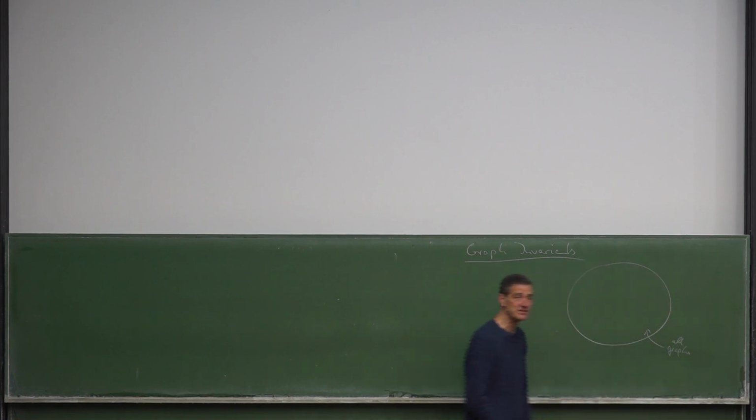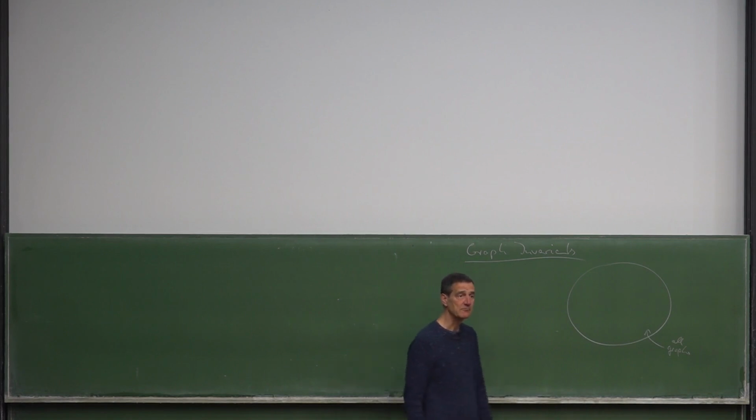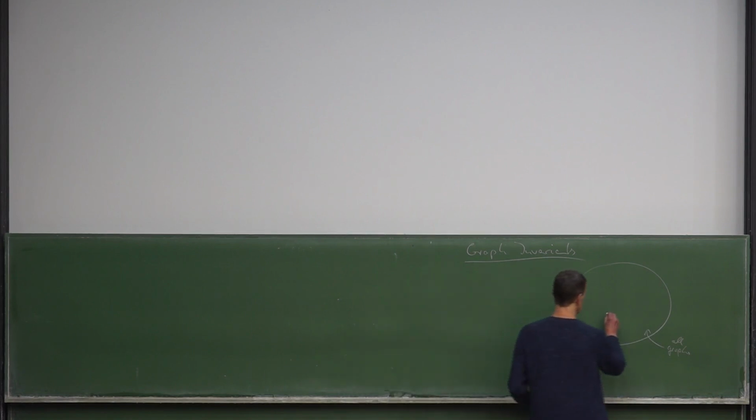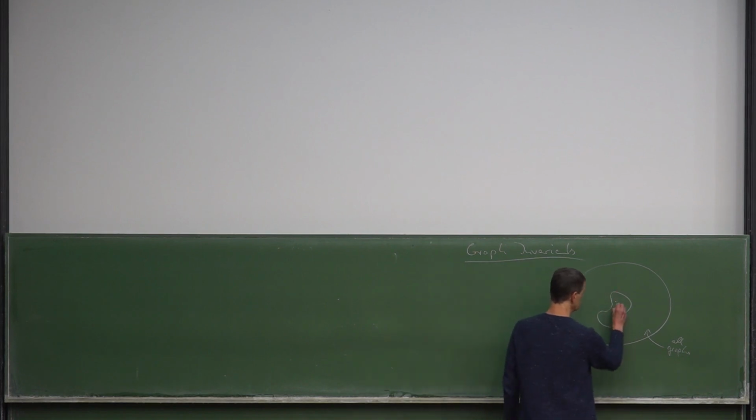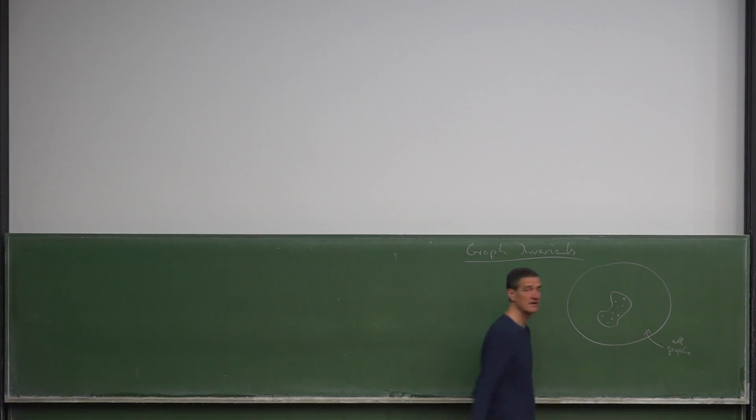So when you think of the class of all graphs as living in this space here, then we may want to describe the graphs that have a certain property. Maybe this subclass of all graphs.